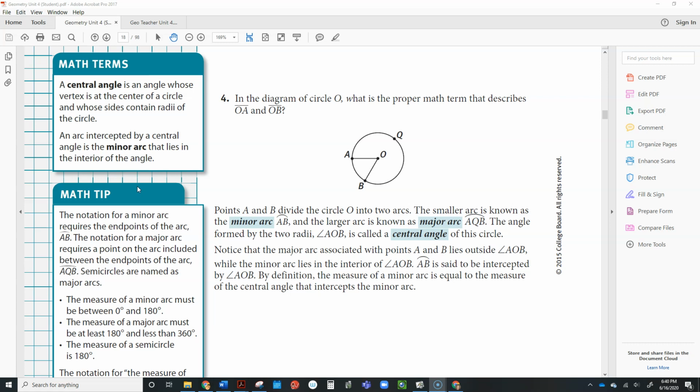So there are two different arcs in this picture, so that we can tell the difference between the piece of the circle between the points A and B, and the piece of the circle between the points A and B this way.